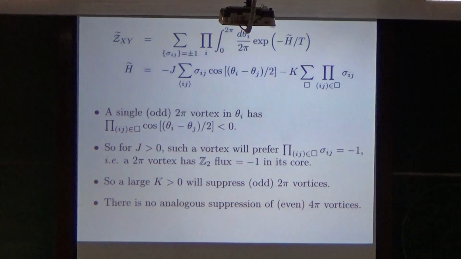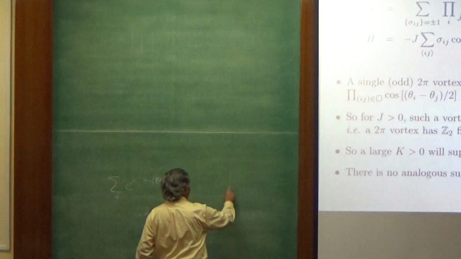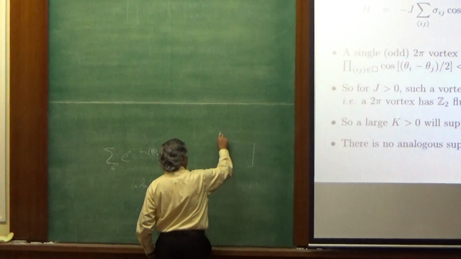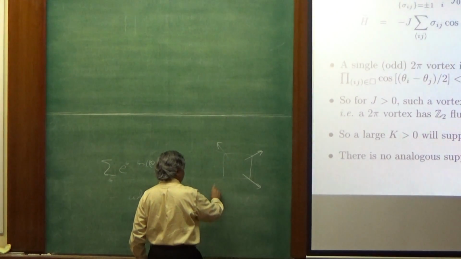So why did I go through all this trouble? Well, it turns out this is exactly what's needed to count even versus odd vortices. So imagine I have an odd vortex. Then I claim that this product around the plaquette is going to be negative. And why is that? Well, if I have a simple vortex, which looks something like this, now I have to give some values to the angles.